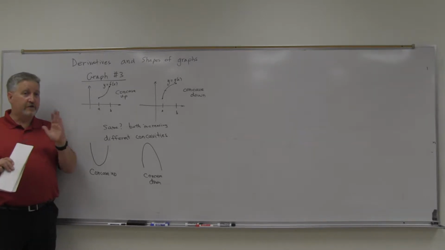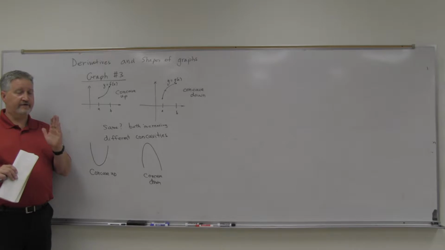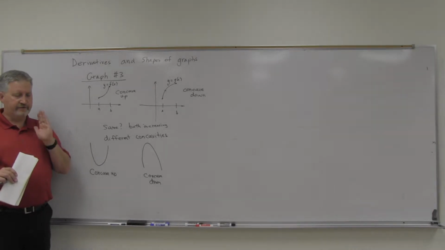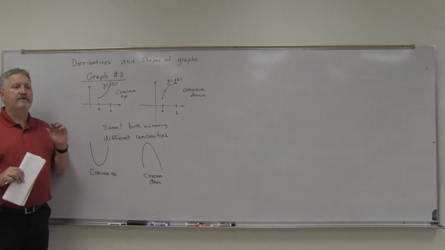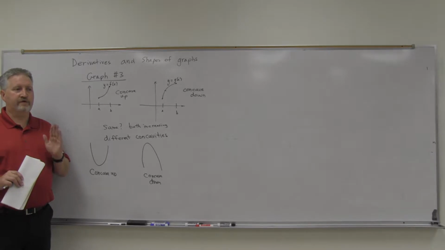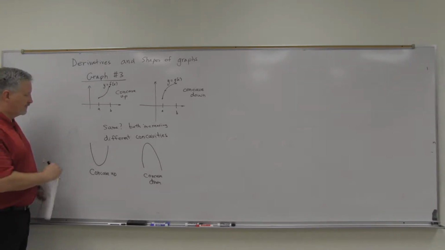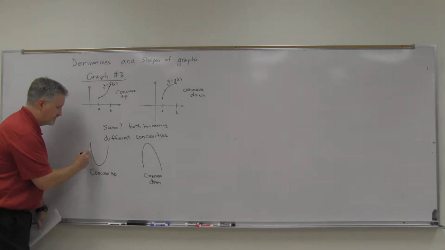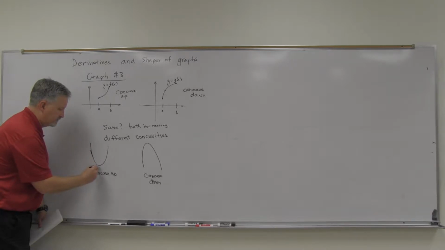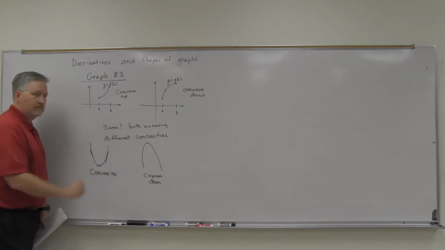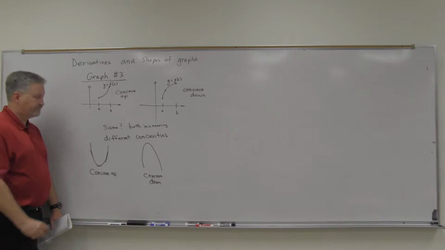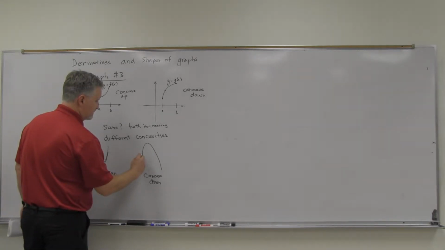Now, one thing you can use the tangent lines for, not the slope, but you can use the tangent lines here for concavity this way. If you'll notice, if I draw tangent lines here on this one, okay, and then I draw tangent lines on this one.